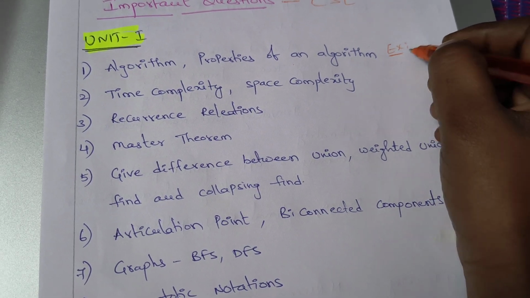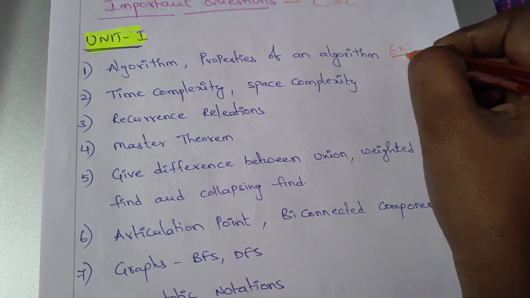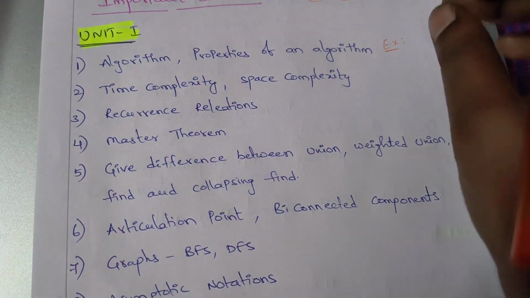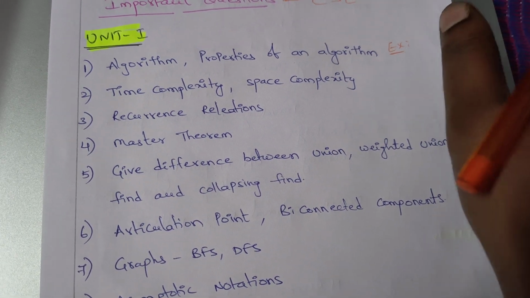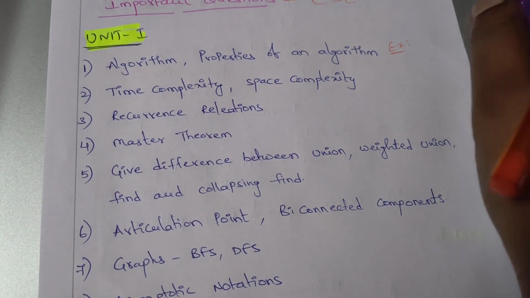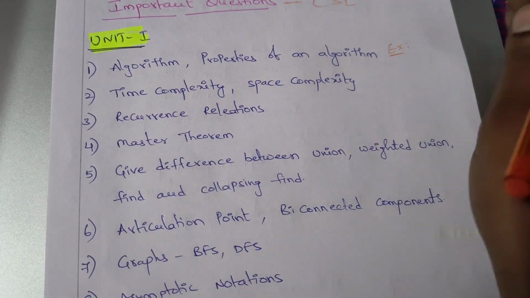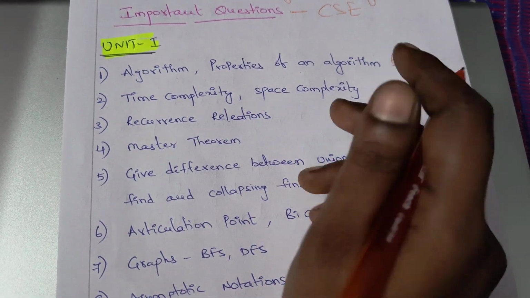For this example you can give anything, it is not required that you give only this particular one. You can give any example. The next is time complexity and space complexity.